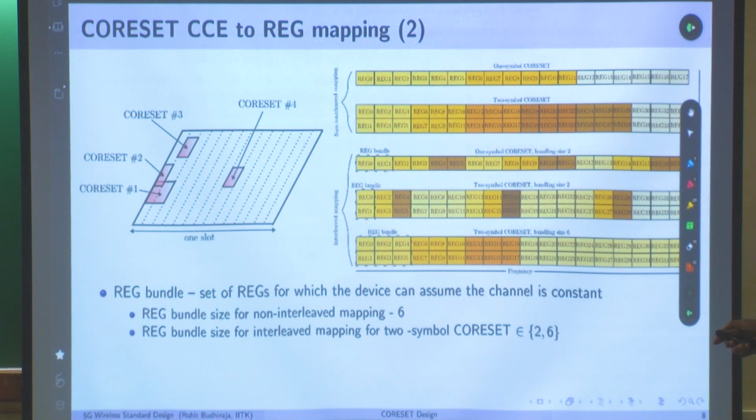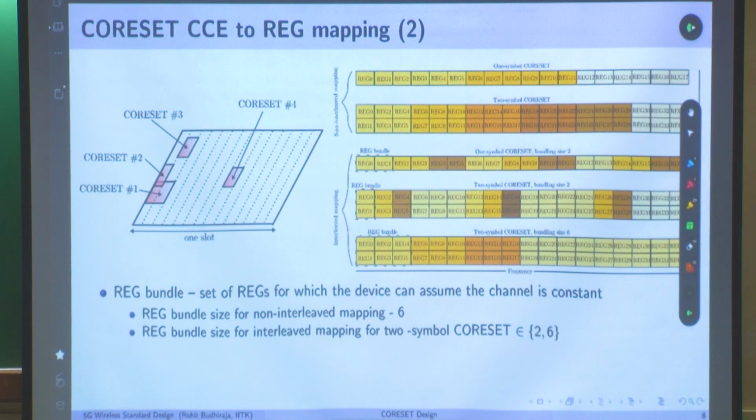1 CCE consists of 6 REGs. The other one can come later if it is interleaved, okay, right. This CCE, let us say at aggregation level 2, okay, this is 1 REG bundle, another REG bundle will come later, you can interleave it, okay, but the minimum granularity is 6, okay. So what is happening here?